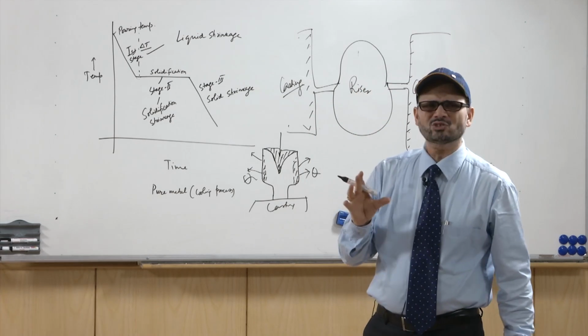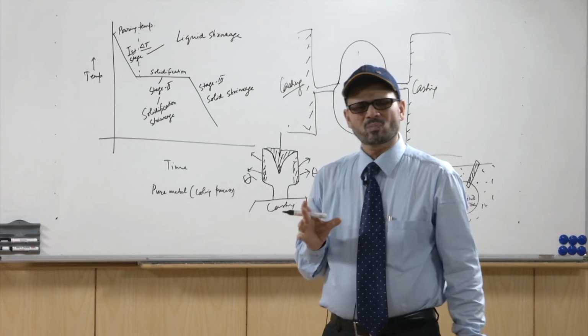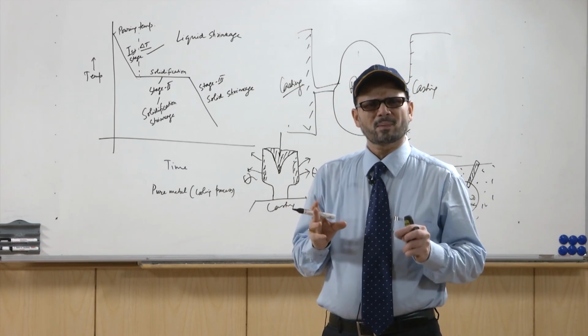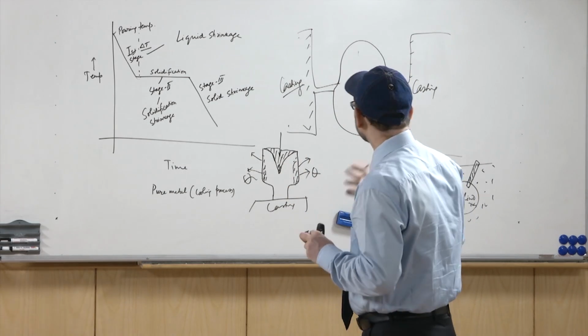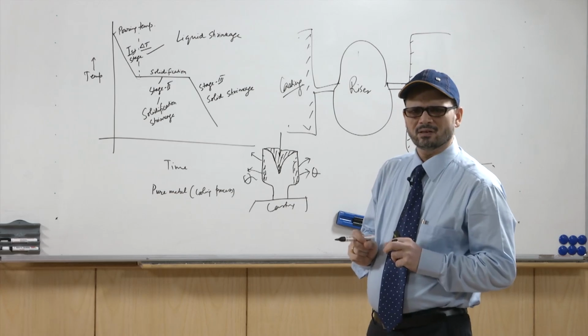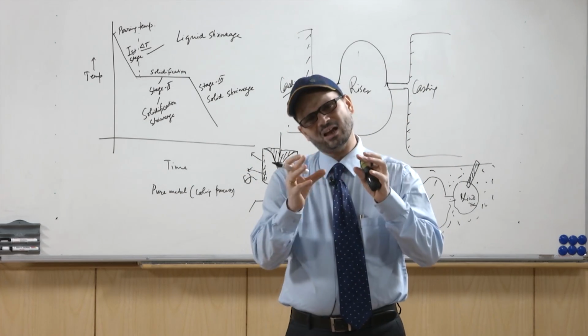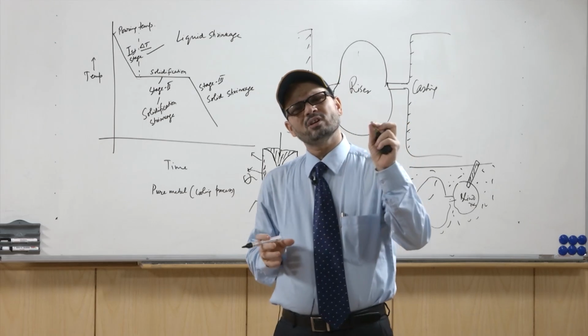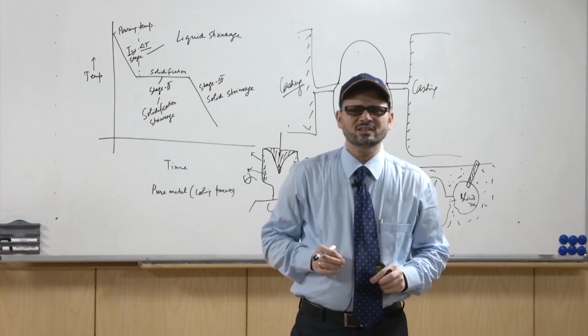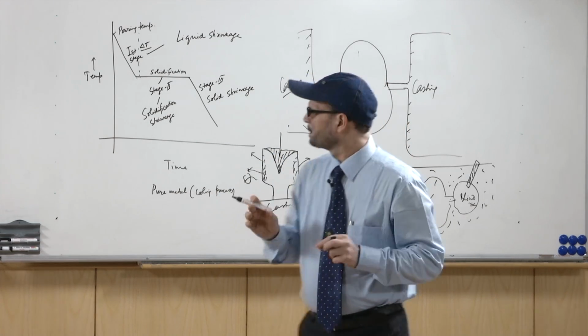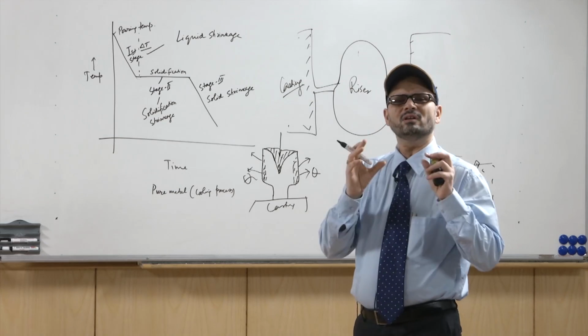So, size has to be adequate. Suppose the volumetric contraction is 4%. So, the contraction amount, during the liquid and the solidification stage, will be 4% of the volume.